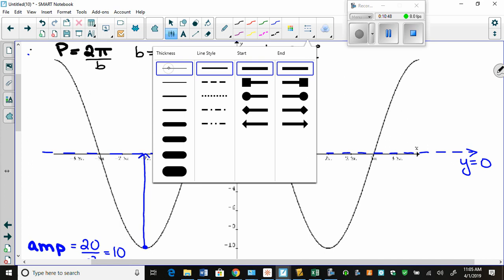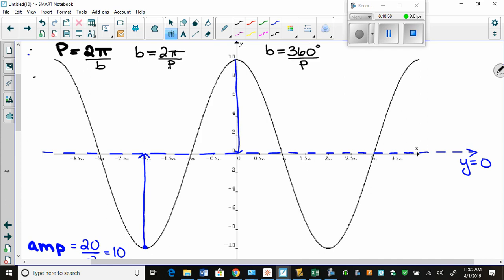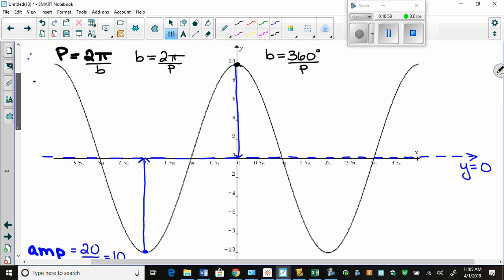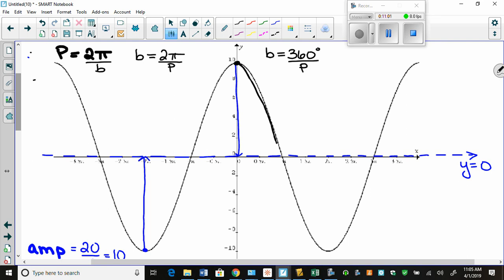All right. So how long does this graph take to repeat itself? So I'm going to start on the y-axis. I'm going to go from a max, past a min, back up to the max. And when does it happen again? These go up by 0.5, so we agree?